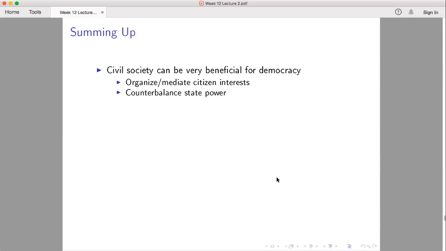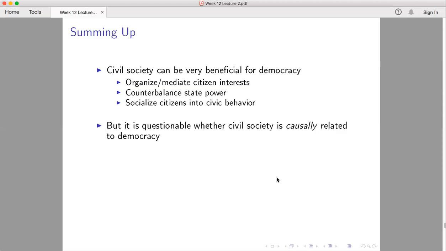They can counterbalance state power, and they can socialize citizens into more civic behavior that helps them engage in democracy in a productive way, right? Either they're learning how to interact with others and tolerate people across lines of difference, or they're actively learning political skills that help translate into democratic behaviors like voting, political organizing, etc.